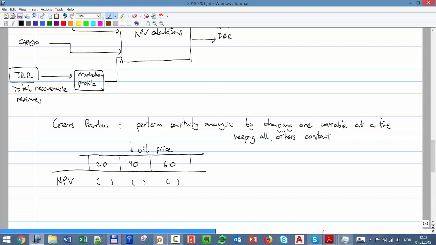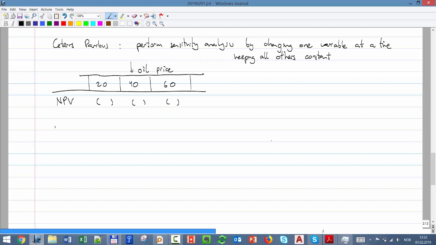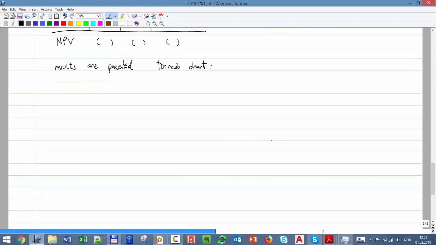And the results are presented in, typically, two main plots that we use. One of them is called a tornado chart. In the tornado chart, on the x-axis you have the NPV, right?